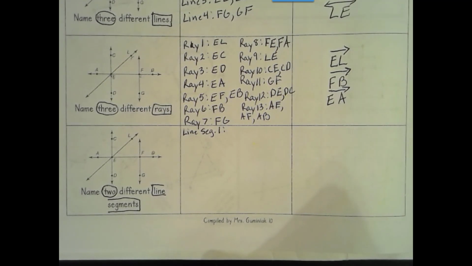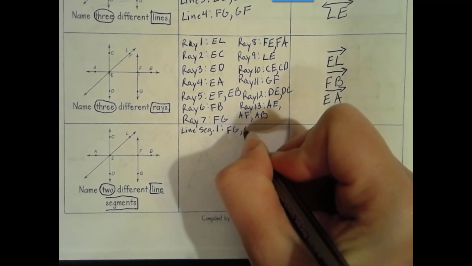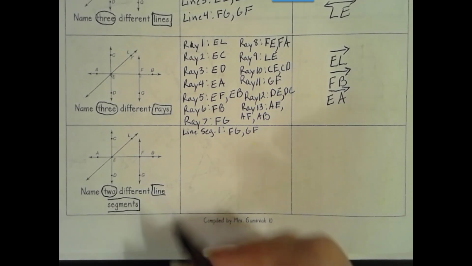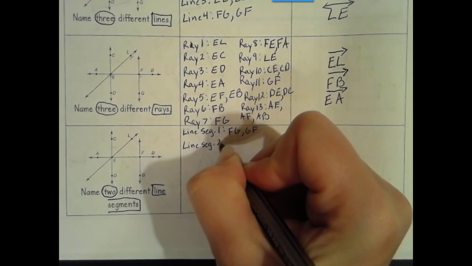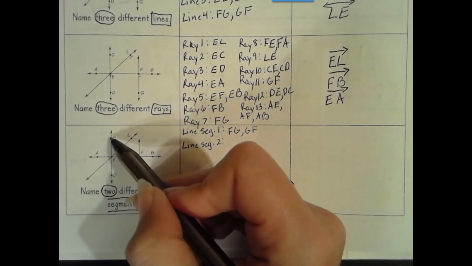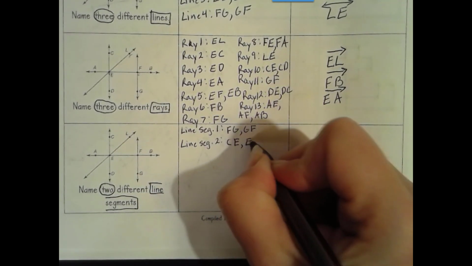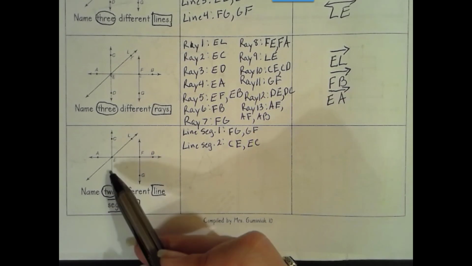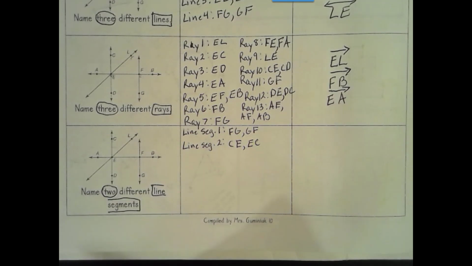So if I'm just looking at a piece of a line, I could look at FG or GF. I could look at this piece right here between C and E, E and C. But unlike the line, I can't include D in this because that is a different piece of the line that's bigger. We're just looking at this piece, so I can just use those 2.